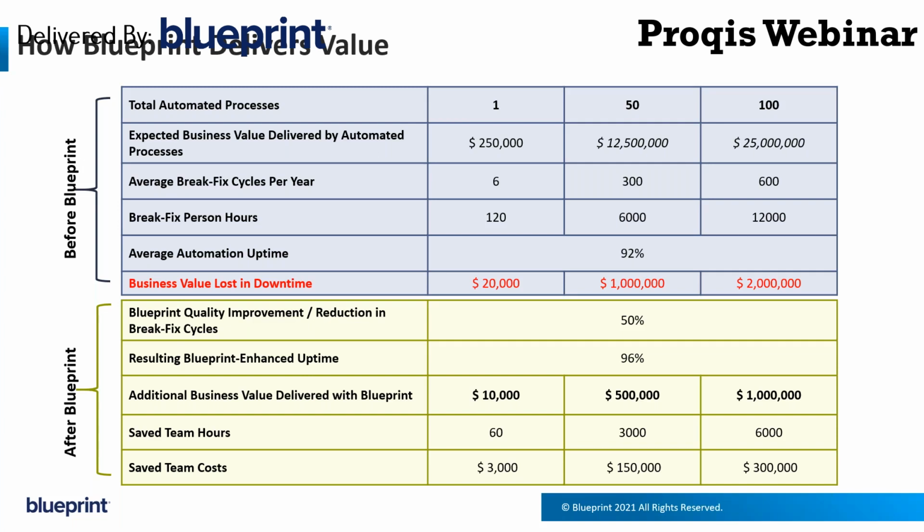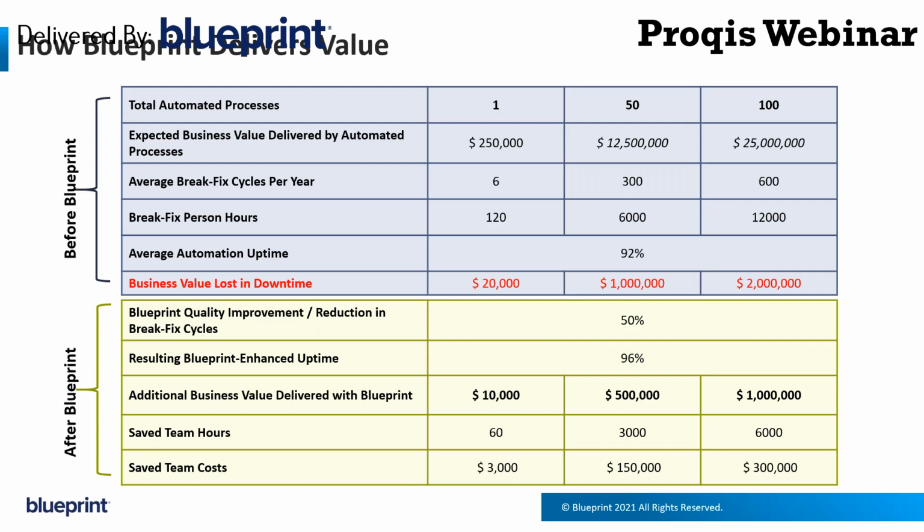That means they can now deliver $10,000 in business value that they otherwise would have lost in downtime, while they're also saving about 60 hours of work time that would have been needed to fix the bots. That's $3,000 in team costs.